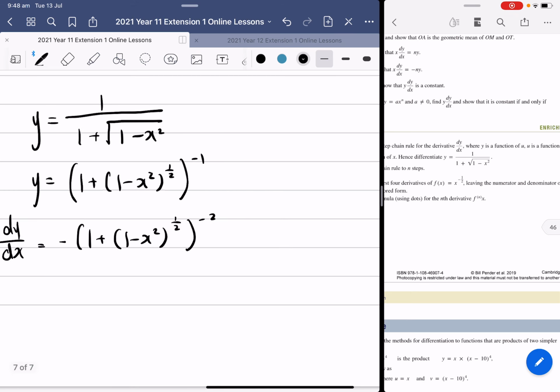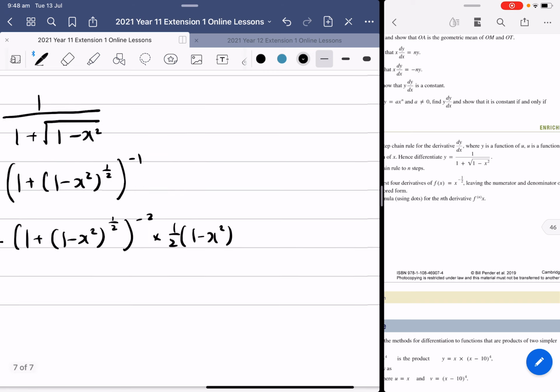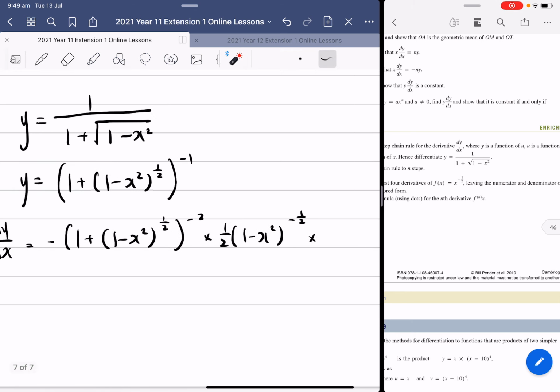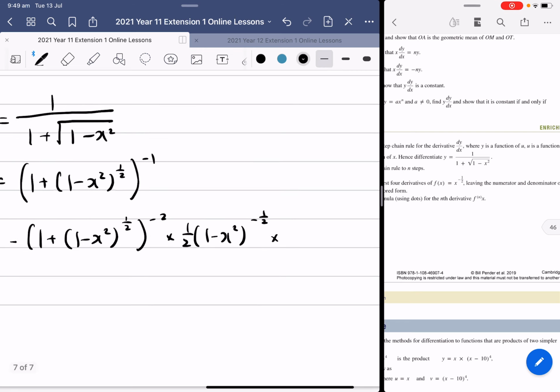Then you times by the derivative of what's inside, which gives you half, 1 minus x squared to the power of -half. And last, you differentiate the inner bracket. It's like peeling an onion: you start from the outside shell and go to the inside. So that becomes -2x.